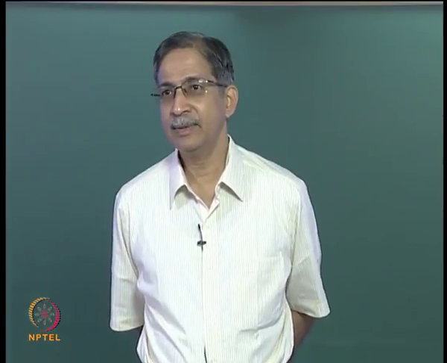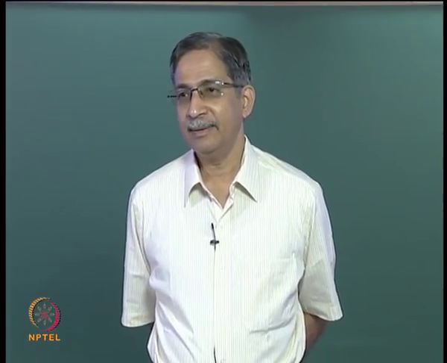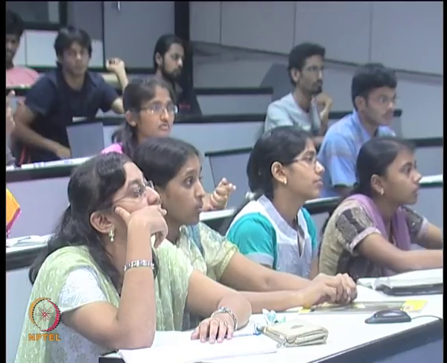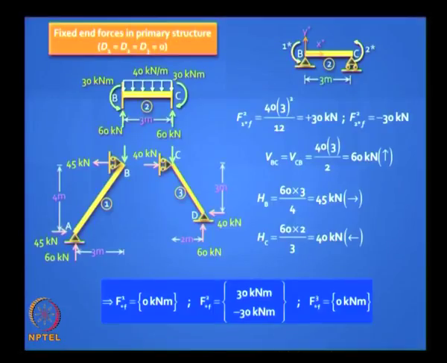What is F2F? F2F is plus 30 because it comes from element 2. What is F3F? Minus 30. What is F1F? It's not 0. If it's 0, then you make a mistake. What is F1F? 40.